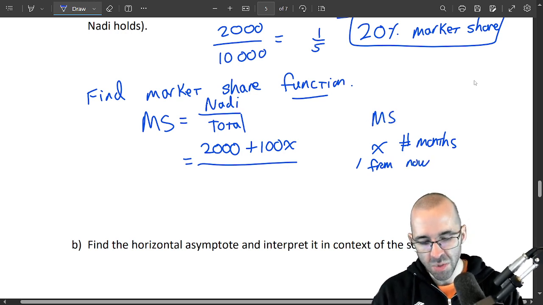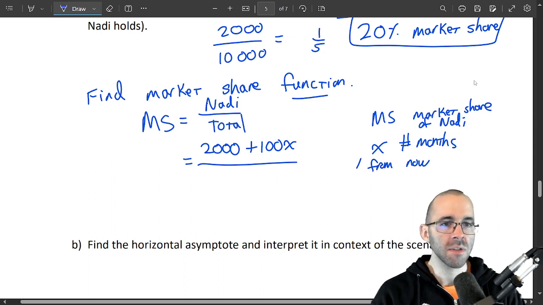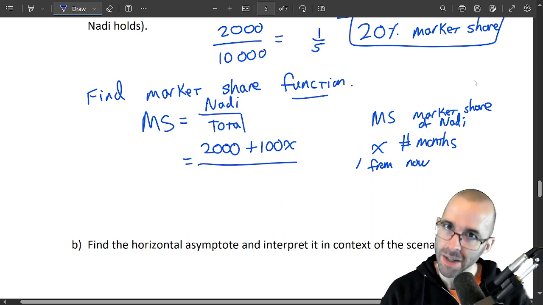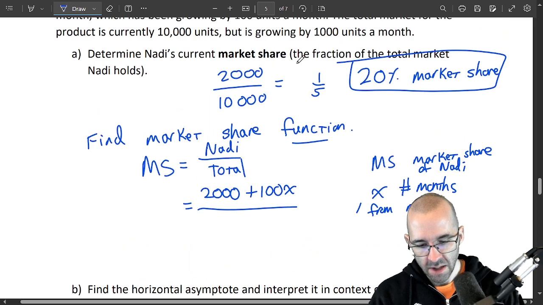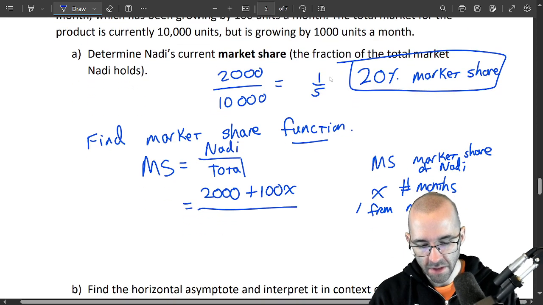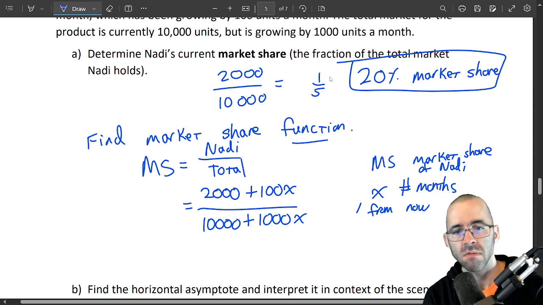And then to be really precise, MS is the market share of Naughty. Whenever you introduce variables, it's very important to tell yourself, tell other people, tell me what those variables mean. What's the total market? 10,000 right now, growing by 1,000 every month. So this is our market share function.